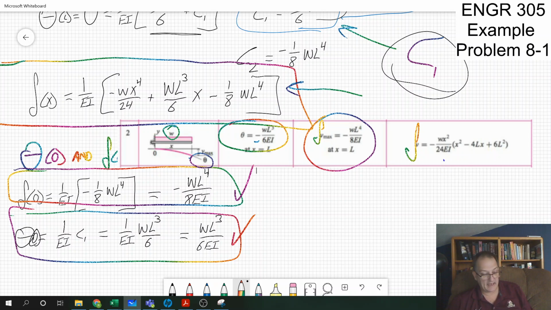So if I put that out front, and they put the negative out there too, the negative goes away. And they have an x squared. They pulled out a 24. Well, 4 over 24 would be 1/6, and 6 over 24 is 1/4. We got the same numbers. We got the same thing.